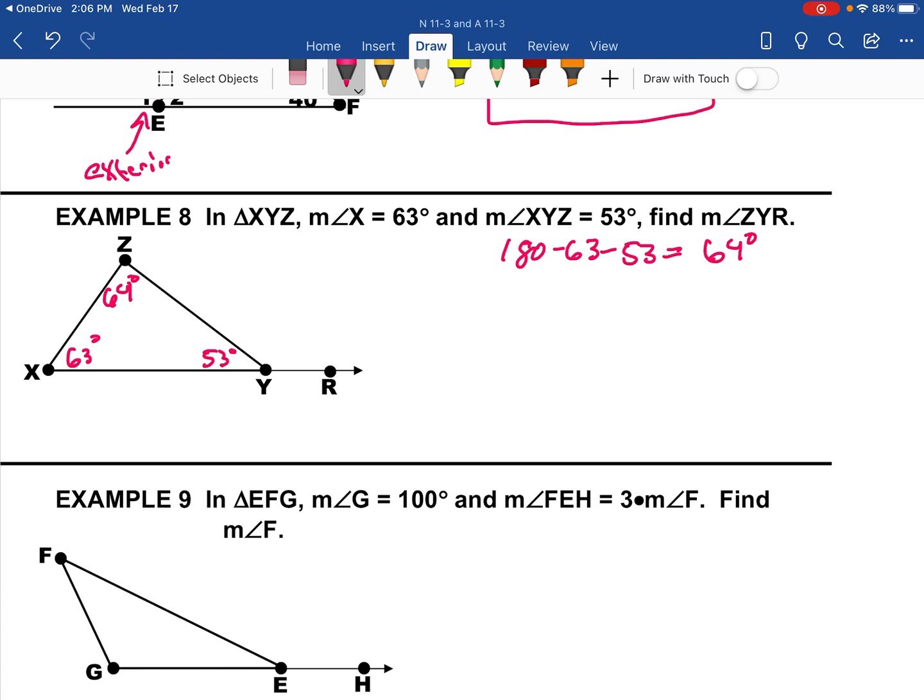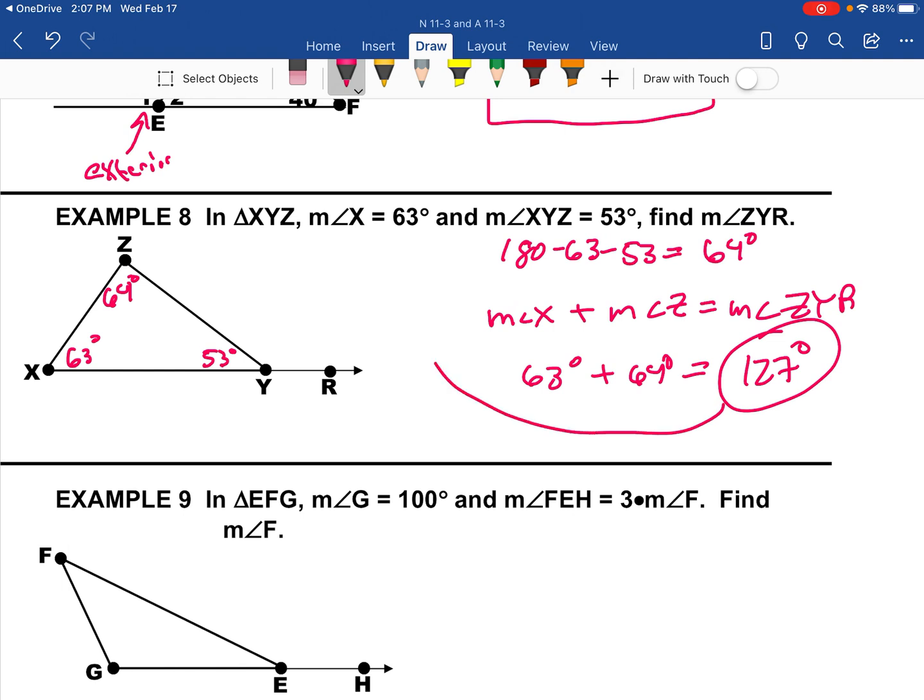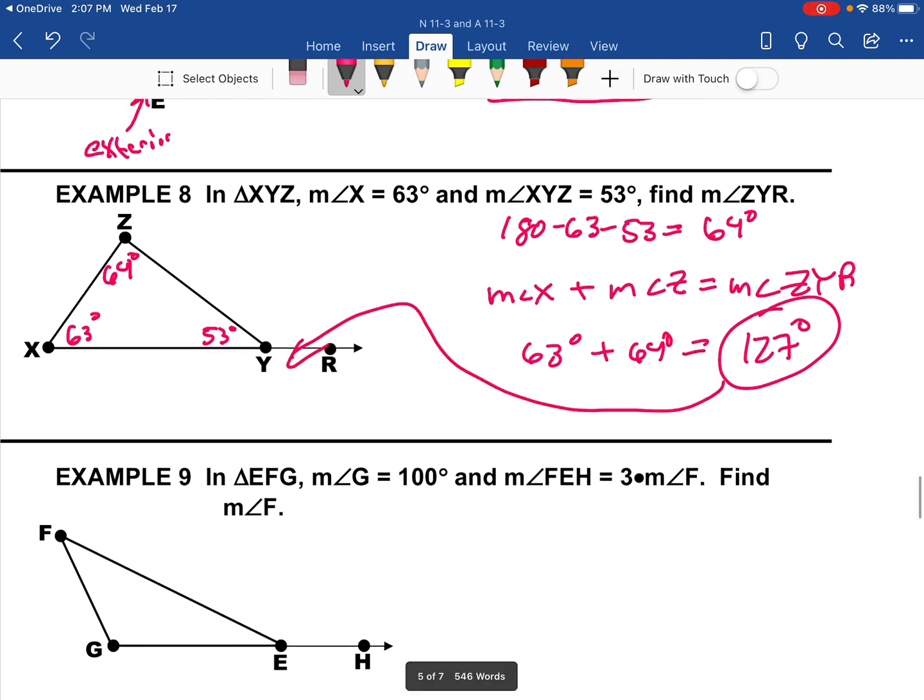So that means that the measure of angle X plus the measure of angle Z equals the measure of angle ZYR. So 63 degrees plus 64 degrees equals 127 degrees, and that is ZYR.